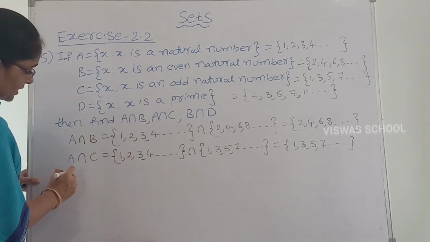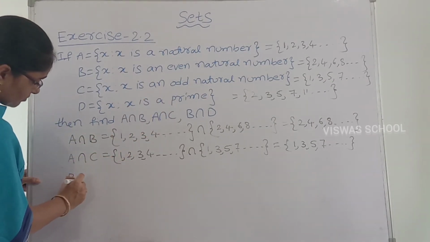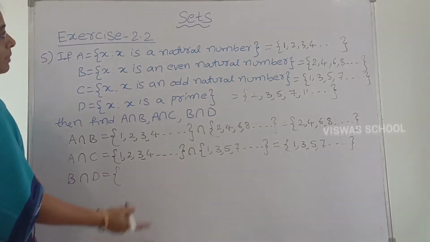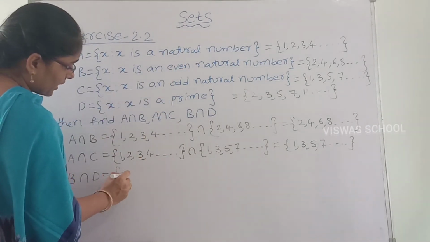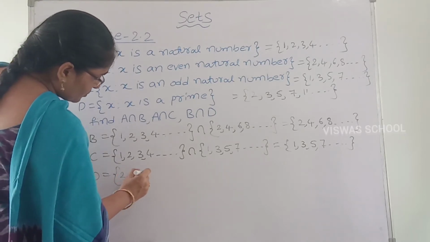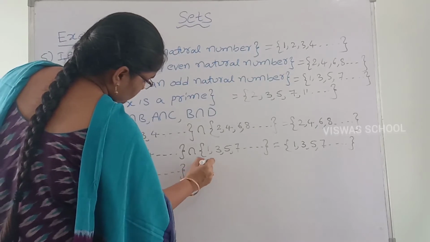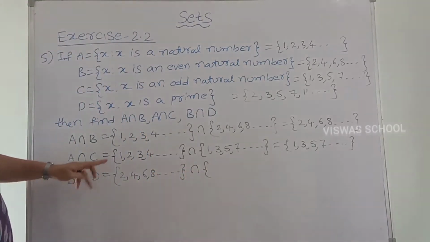Next one is B intersection D. B is what here? 2, 4, 6, 8, and so on. Intersection D. Set D is what?